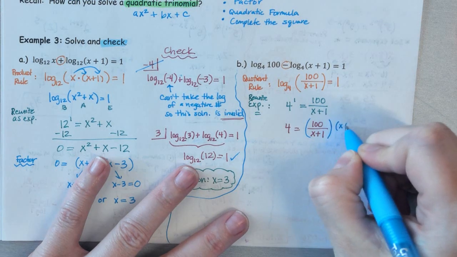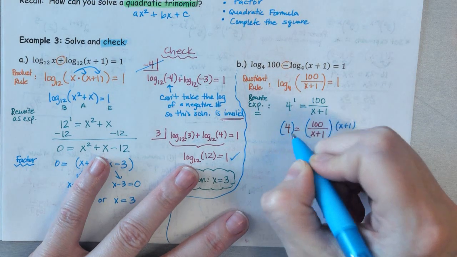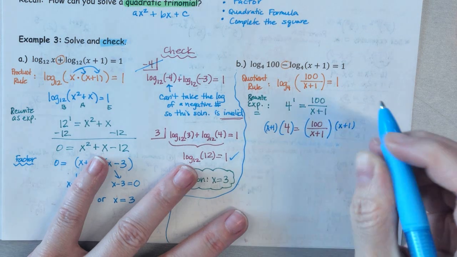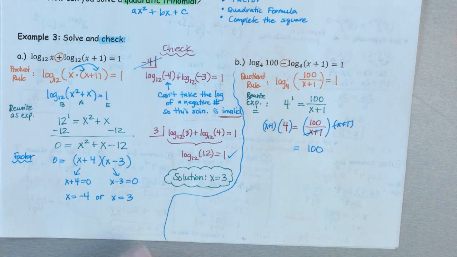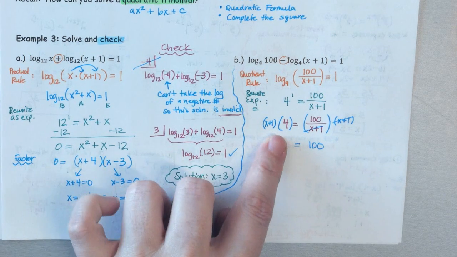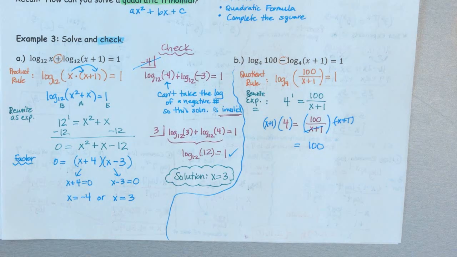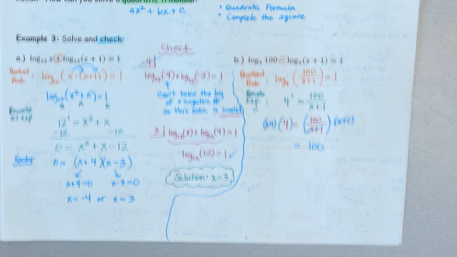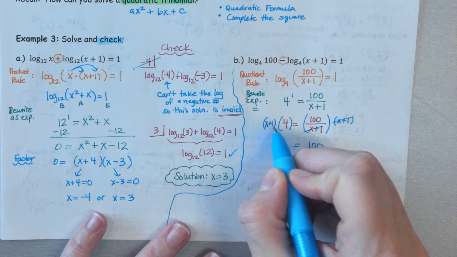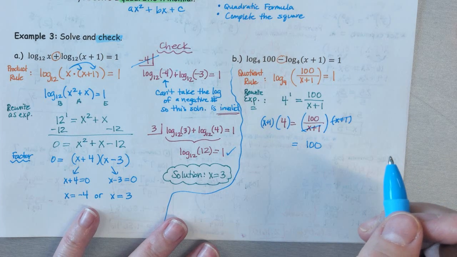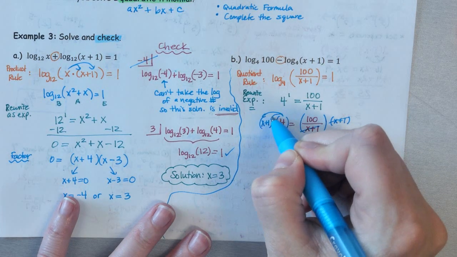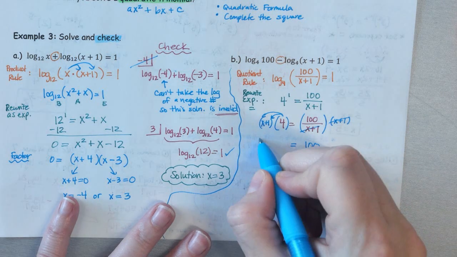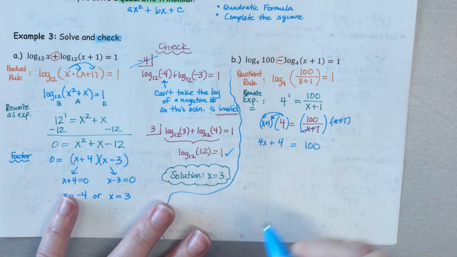You can just do the denominator in this case, because the denominators will cancel, and then you'll be left with 100. If you did the reciprocal, you get another fraction on this side. This will eliminate the fraction. And then if you are multiplying 4 times x plus 1, you have to remember to do what? Yeah, you got to distribute to the x and to the 1. Okay, so this becomes 4x plus 4.